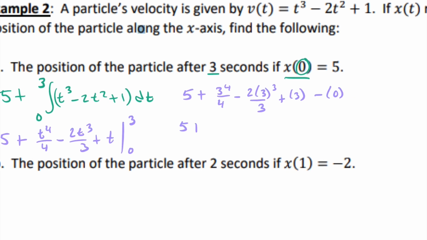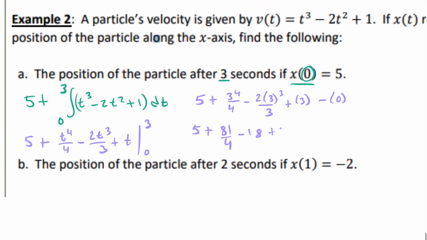3 times 3, 9. That's 81 fourths. One of these 3's is going to go away. So 9 minus 18 plus 3.